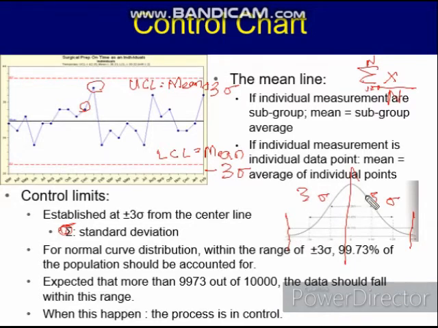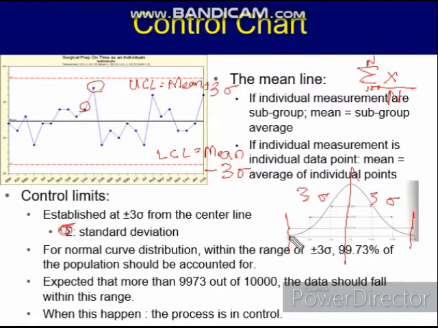This line is mean minus 3 sigma, and this line is mean plus 3 sigma. The population within plus or minus 3 sigma, if you have a normal curve, accounts for 99.73% of the population.